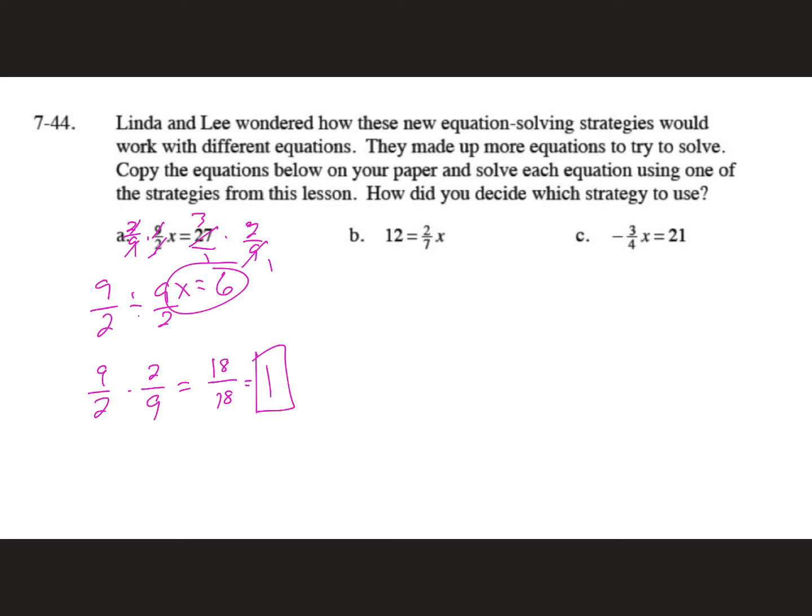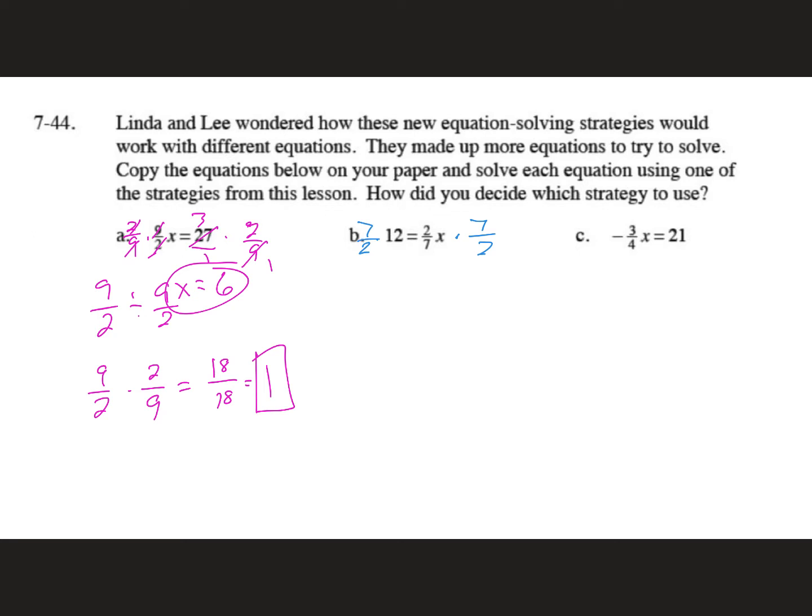So when I go on to B, I have 2/7 x. So the 2/7 is with the x. 2/7 x is multiplication. So the inverse operation of multiplication naturally is division. So if I just use my same method that I did, I'm going to just multiply by the reciprocal, which is 7 over 2.